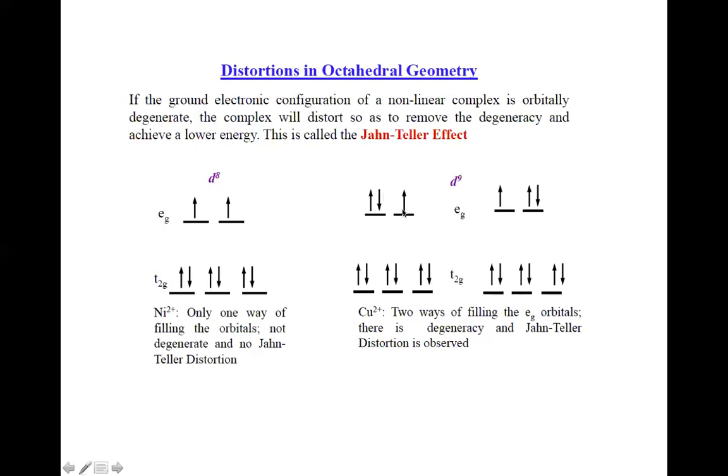Although the t2g set is fully filled and symmetric, the eg level is neither fully filled nor half filled, so it is a dissymmetric configuration. As a whole, the copper 2 plus complex will show Jahn-Teller distortion.